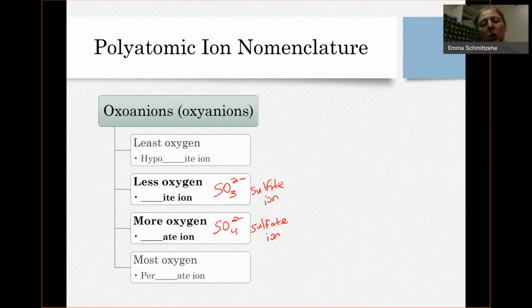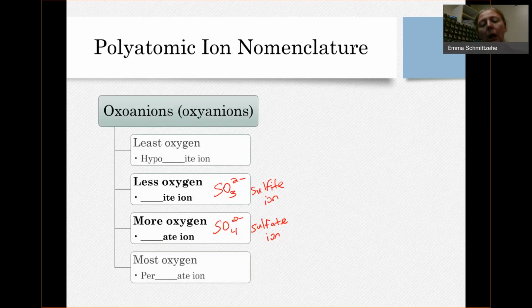And so if you knew all of the things that end with ATE, you could always determine what the ITE is just by taking an oxygen away. Or if you knew all the polyatomic ions that have ITE at the end, then you would add an oxygen and it would give you the ATE form.